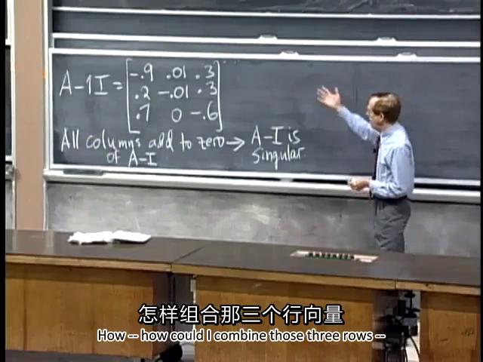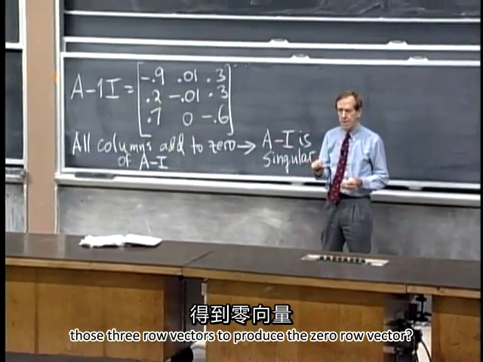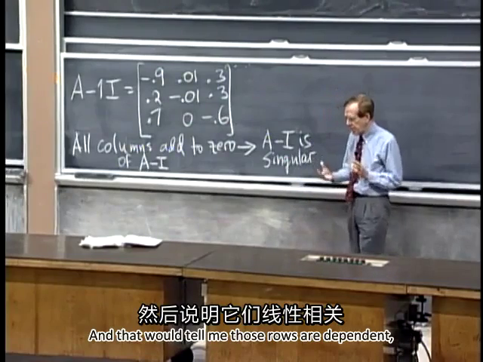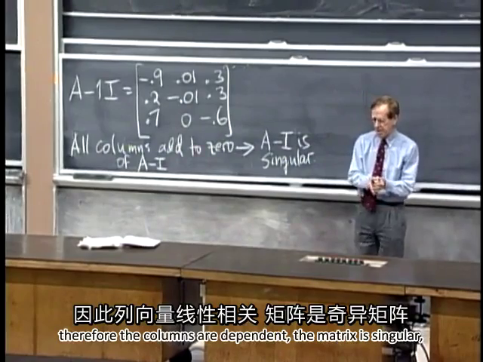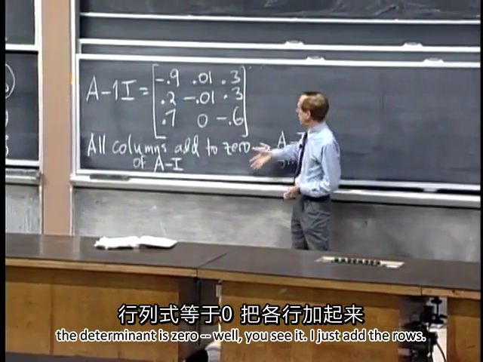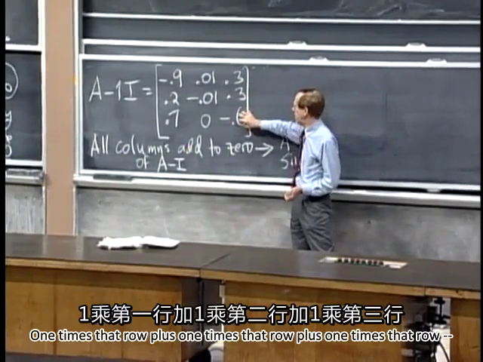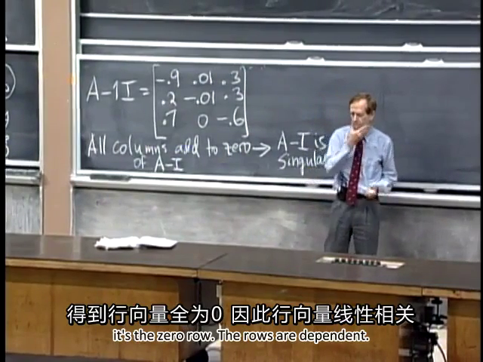How could I combine those 3 row vectors to produce the 0 row vector? And that would tell me those rows are dependent, therefore the columns are dependent, the matrix is singular, the determinant is 0. Well, you see it. I just add the rows. 1 times that row plus 1 times that row plus 1 times that row is the 0 row.